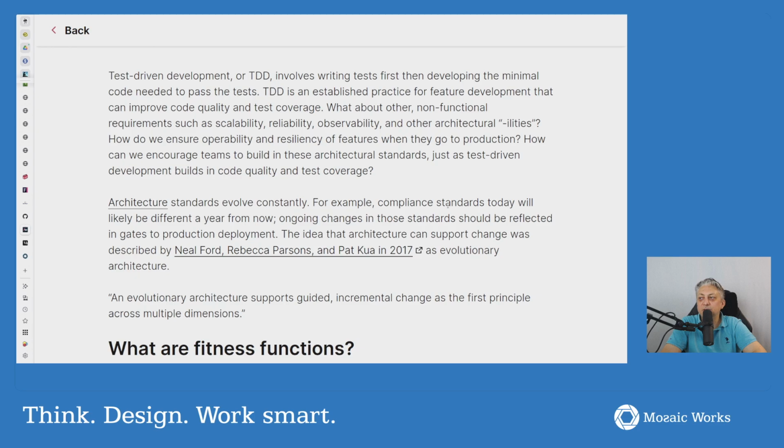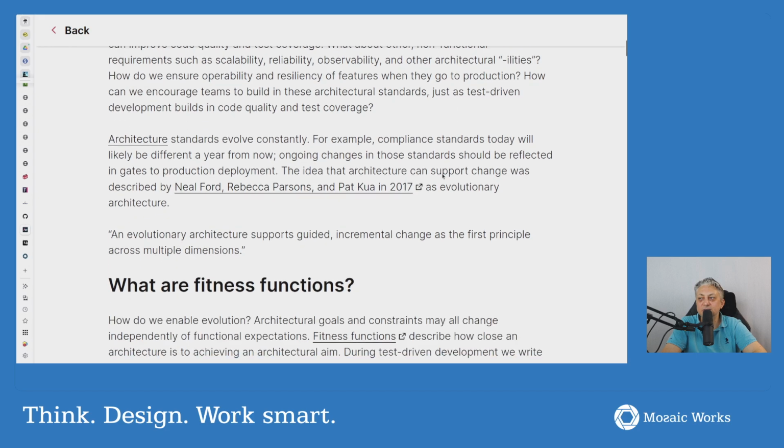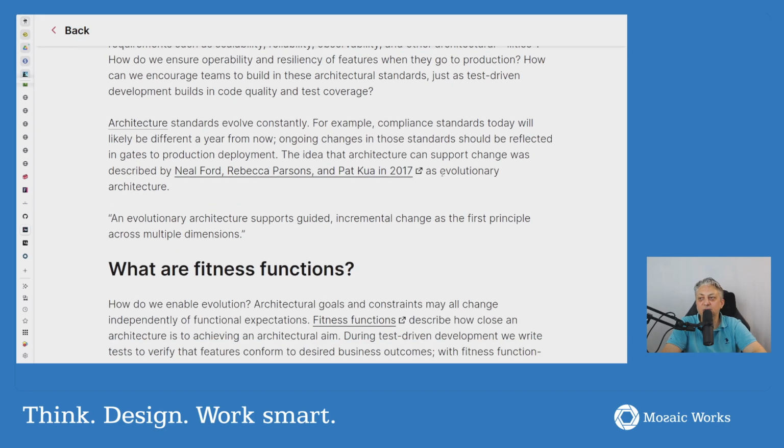TDD is an established practice for feature development that can improve code quality and test coverage. What about other non-functional requirements such as scalability, reliability, observability, and other architectural entities? How do we ensure operability and resilience of features when they go to production? How can we encourage teams to build in these architectural standards just as test-driven development builds in code quality and test coverage?